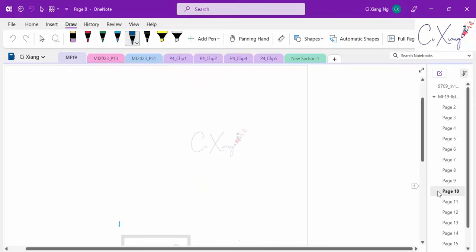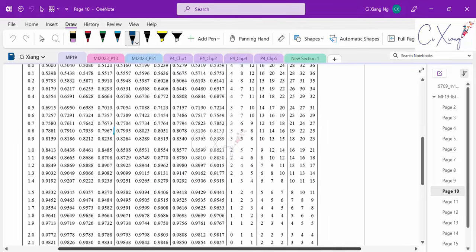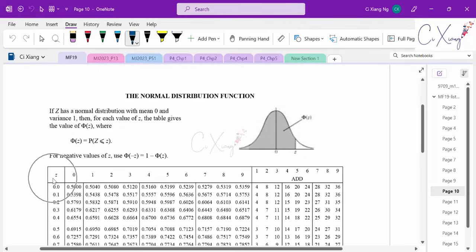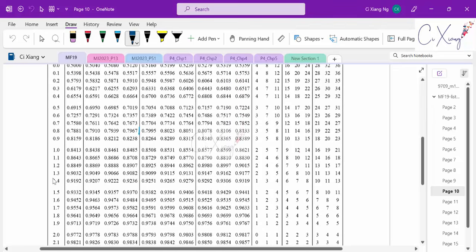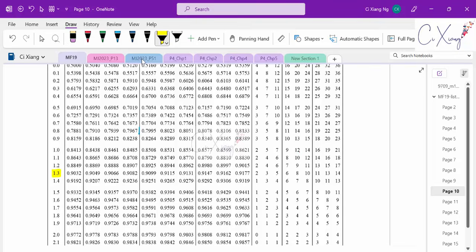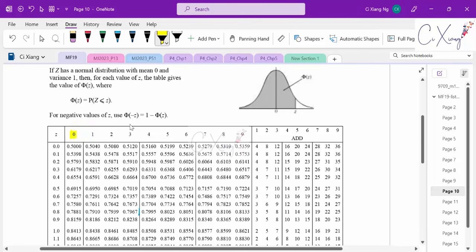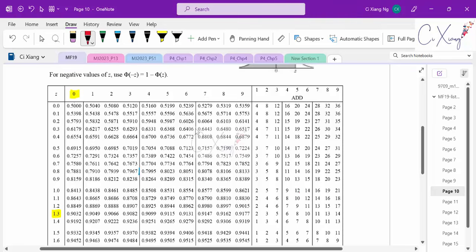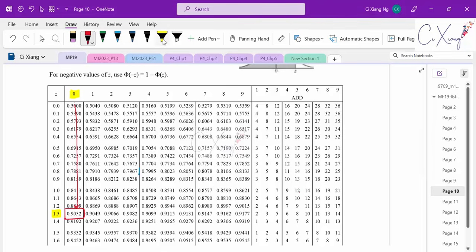Let's have a look at the table. Look for the value of z. This is the value of z here, 1.3. They're asking for 1.306. So 1.30 is this one. If I want to look at the value, I should look at this value first, 1.30, which is 9032, and then look for the 6 at the back.